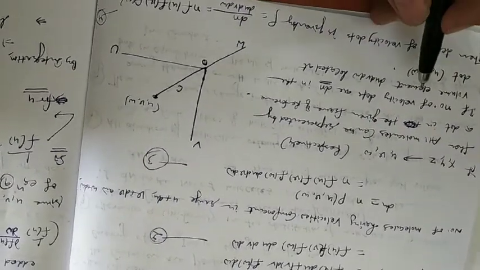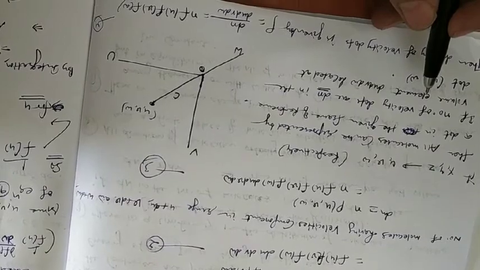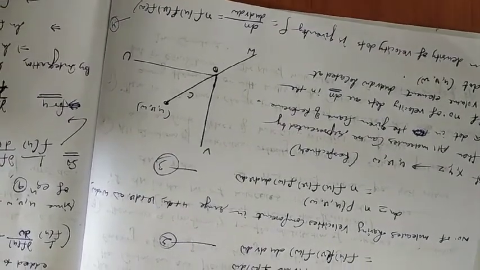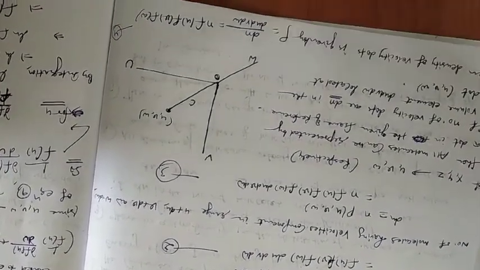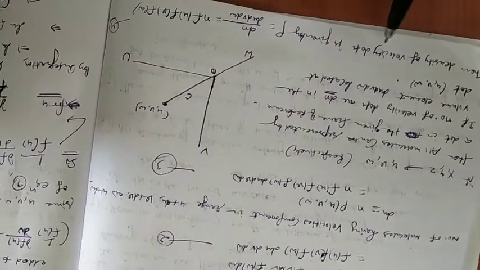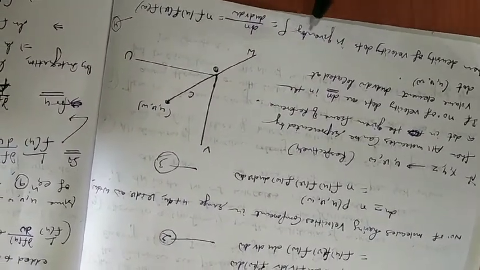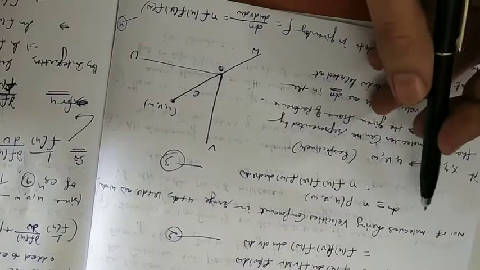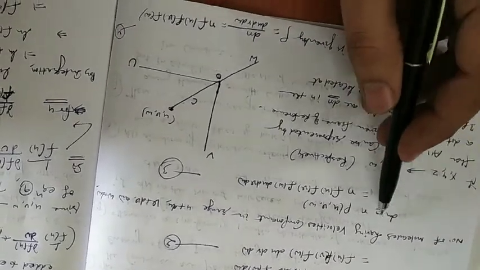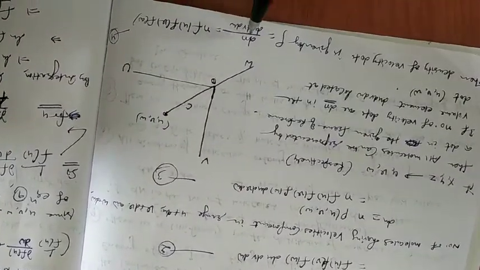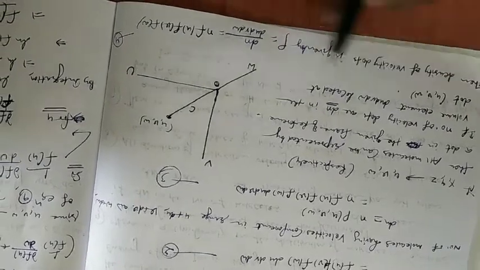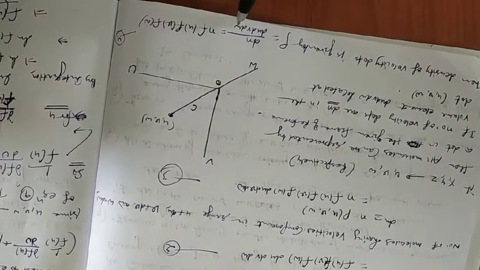Then the density of velocity dots is given by the total number of molecules dn over the volume element du dv dw.